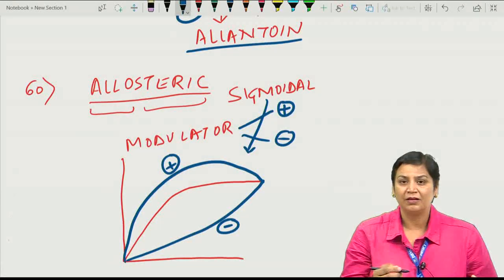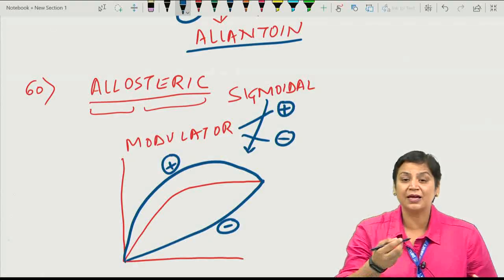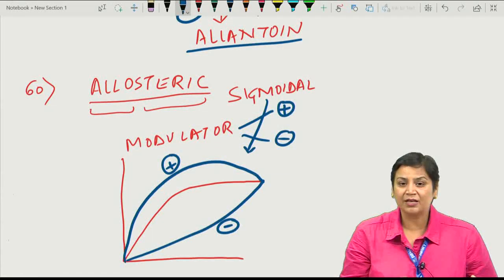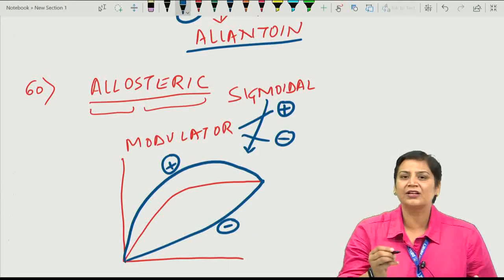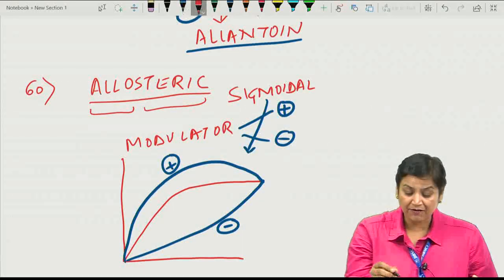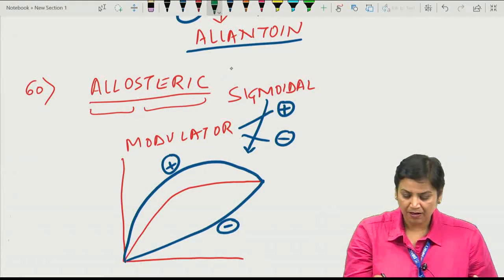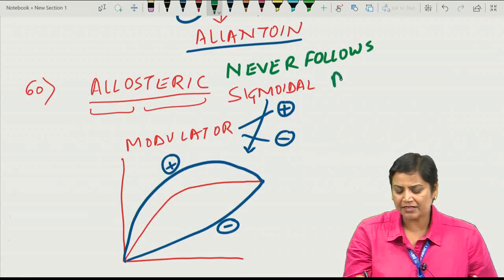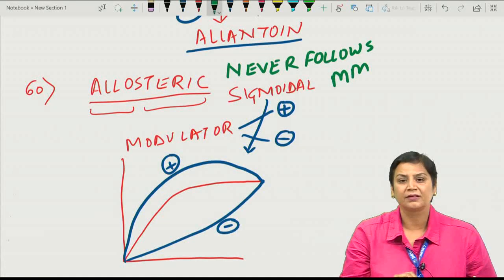Binding of oxygen with heme is an example of positive cooperativity. And this allosteric inhibition, the other name of this is feedback inhibition or product inhibition. And the major difference between allosteric inhibition and the rest of the inhibitions like competitive, non-competitive and uncompetitive is that allosteric inhibition never follows Michaelis-Menten kinetics.